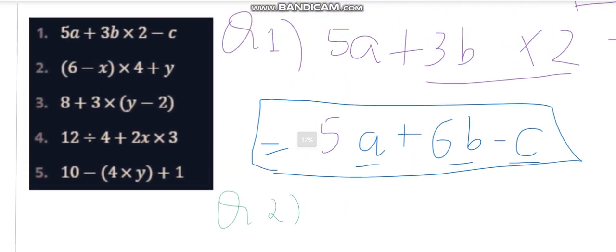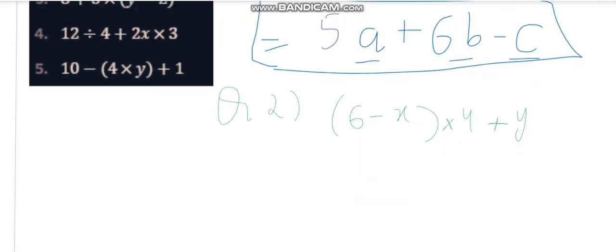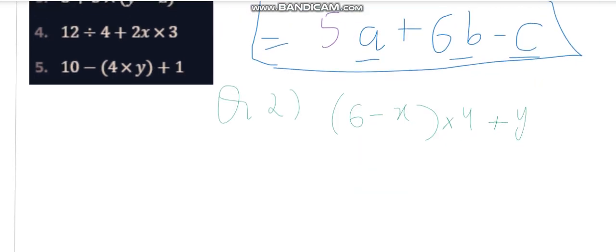Question number 2 is 6 minus x times 4 plus 5. We've got a bracket here, but the way of solving this is not to solve 6 minus x because this cannot be solved. So this 4 is being multiplied with the bracket.